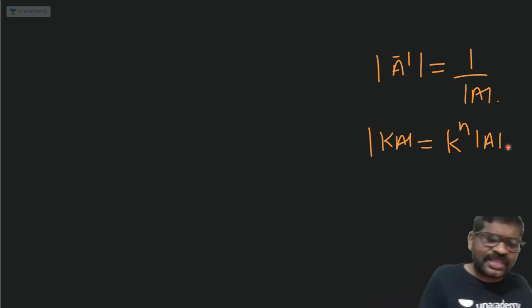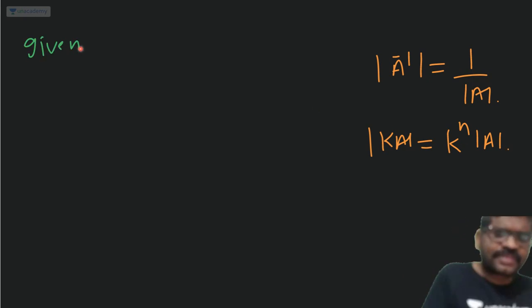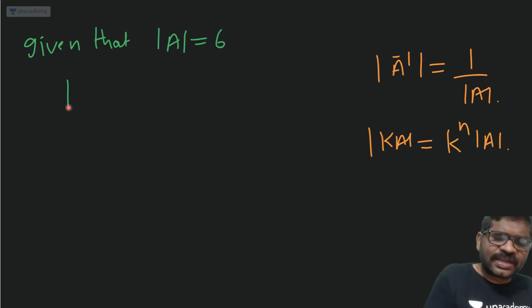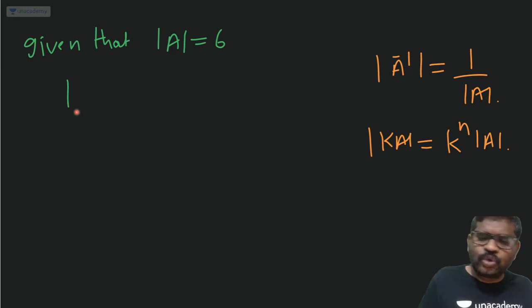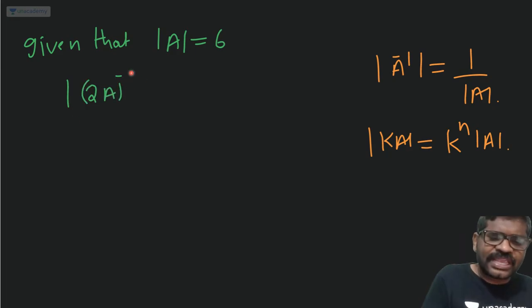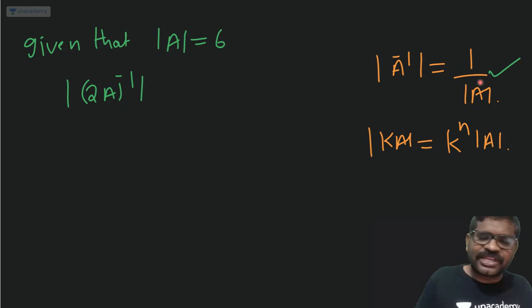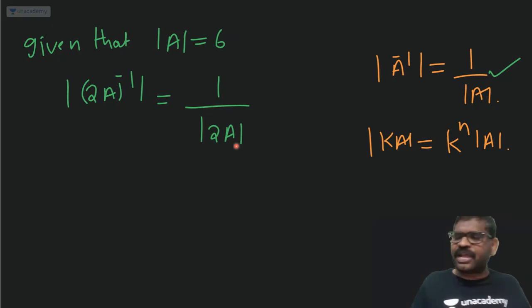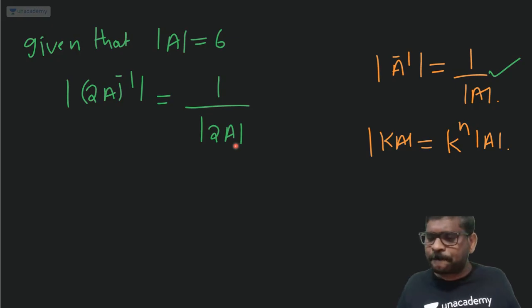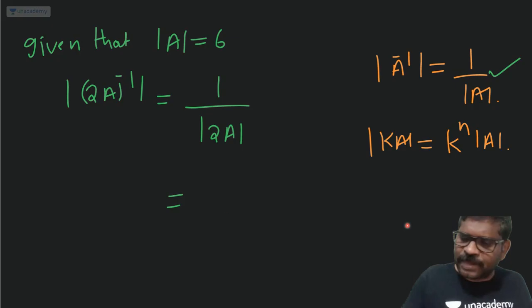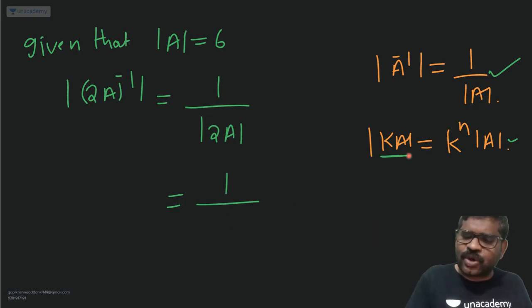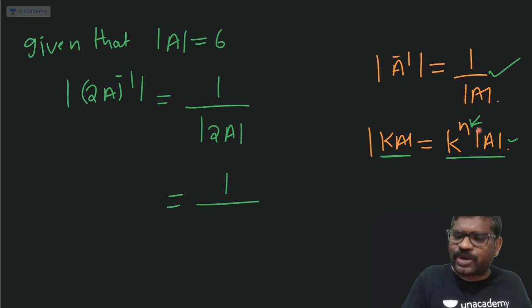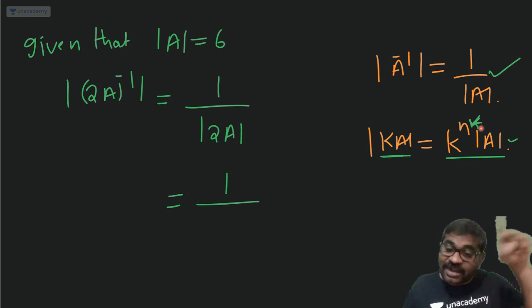First, given that det A is 6, determinant value of 2A whole inverse is nothing but, by using this property, you can write 1 by determinant value of 2A. Next, by using this property, determinant value of kA is k power n into det A. Sir, what is n? n is the order of the matrix.